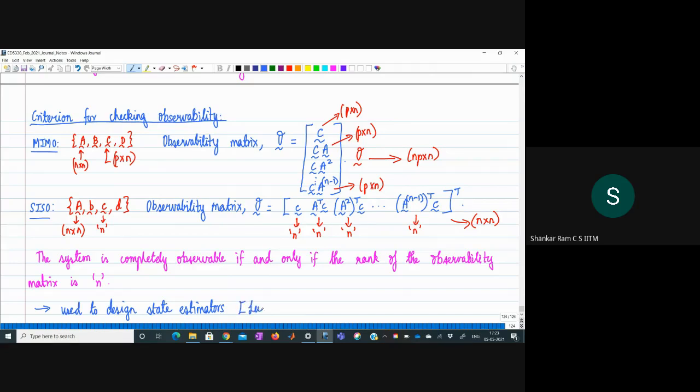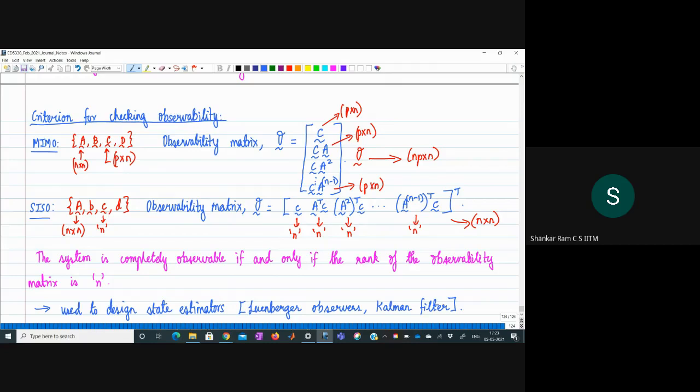The common state estimators that we use are the Luenberger observer, and we are not going to go into the details of this, and another famous estimator, the Kalman filter. The Luenberger observer is used for deterministic systems, where there are no significant stochastic phenomena and the system can be approximated as deterministic.